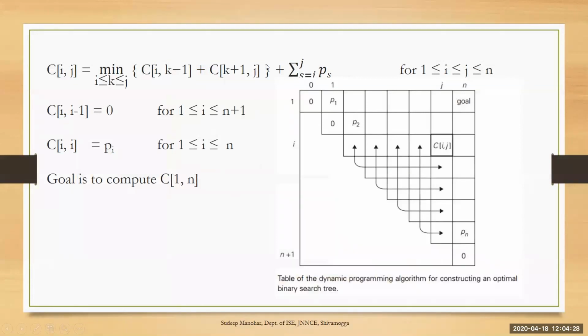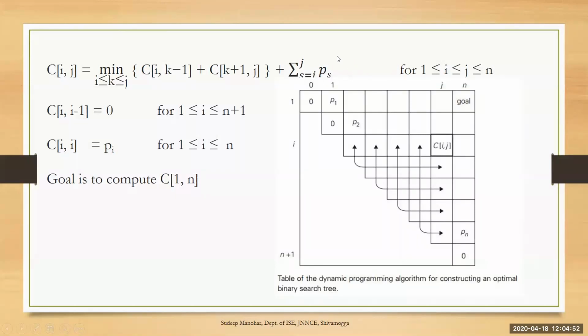Next, plus sigma s equal to i to j of Ps. What is Ps? Probability. Now we have to consider the probabilities of those elements which are mentioned in i and j. I have taken 2 and 3, isn't it? I is 2, j is 3. That means starting from s equal to 2 till 3. So that means P of 2 plus P of 3.